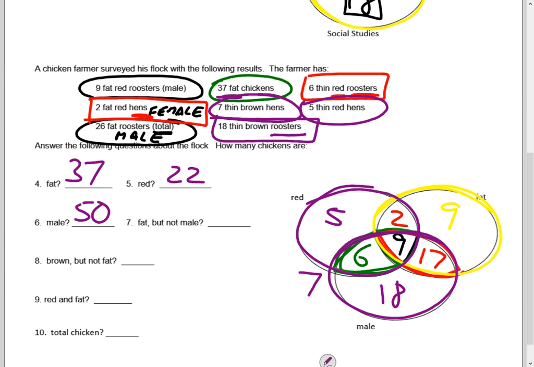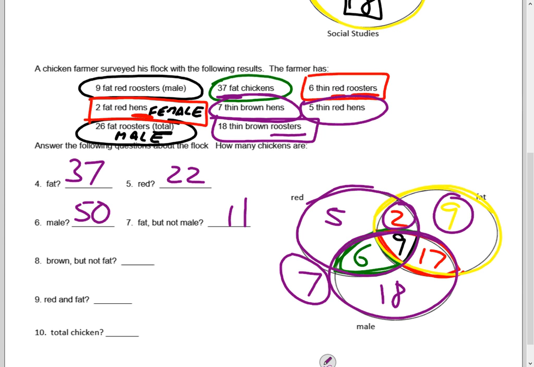Fat, but not male. For that, I would just circle. That's not in the male circle. That's not in the male circle. That totals 11. Brown, but not fat. Which ones were brown? The 7. Doesn't matter that it's on the outside.